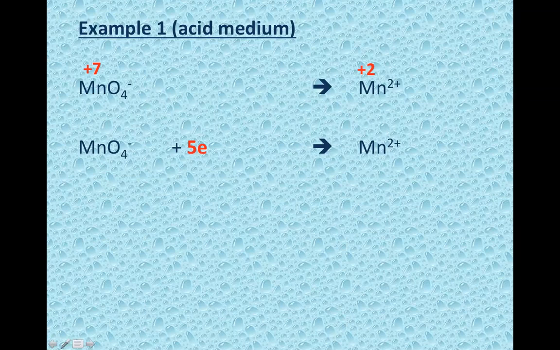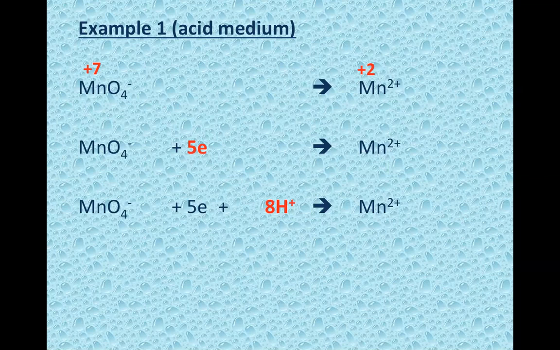So how do I make the charges on both sides equal by adding H+? You do this by adding 8H+ to the 6 negative charge. So overall, on the left-hand side, you will have 2 positive charge, and that will be the same as the right-hand side, also 2+.